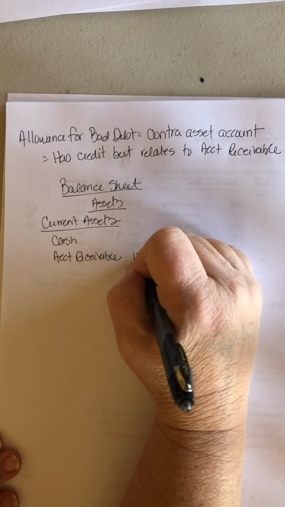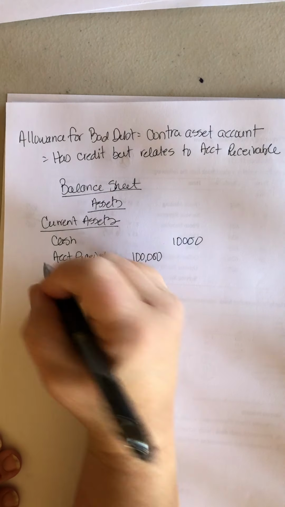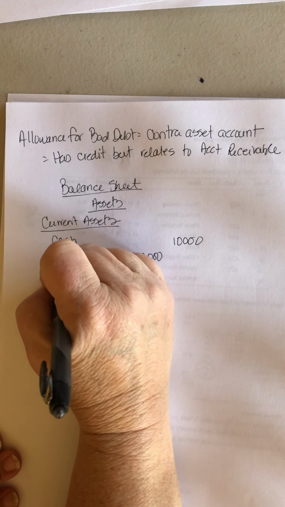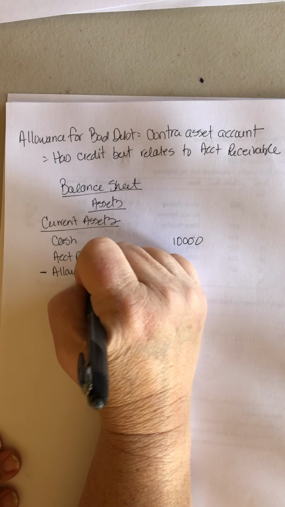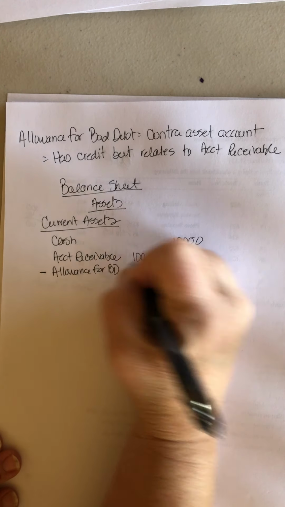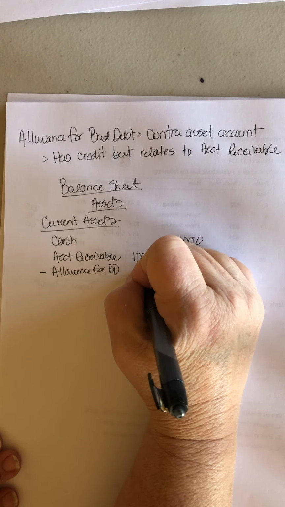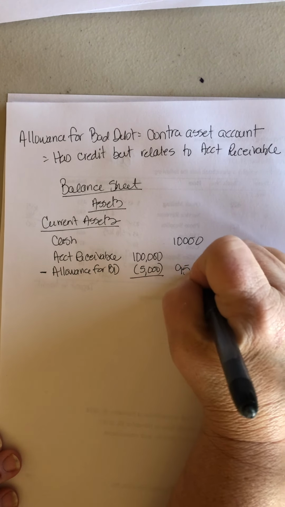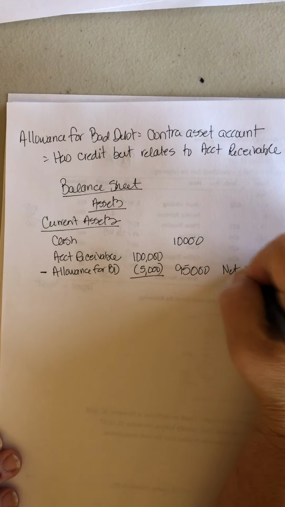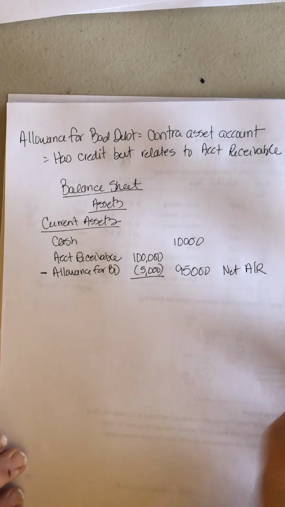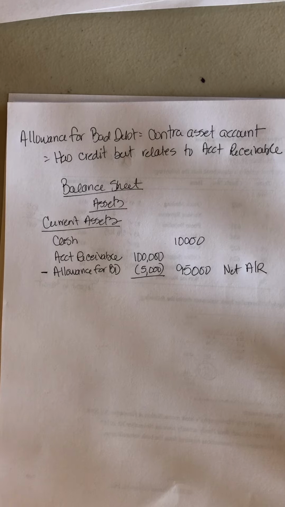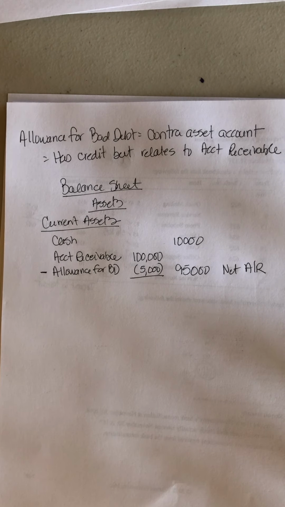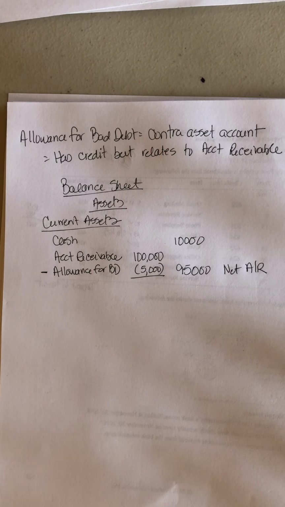Let's say our accounts receivable has a balance of 100,000, and then you would subtract out the allowance. Let's say that it's 5,000, and then the net would come over here to the side. This is our net accounts receivable. And then you would continue on with the rest of your current assets. Okay, so that's pretty much what you need to know about the direct write-off method and the allowance method.